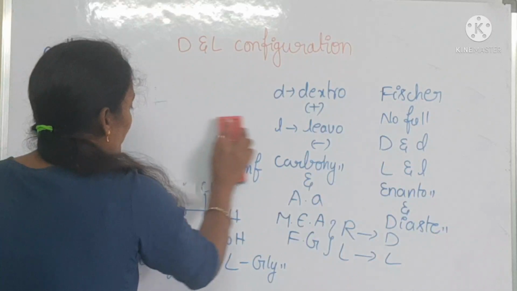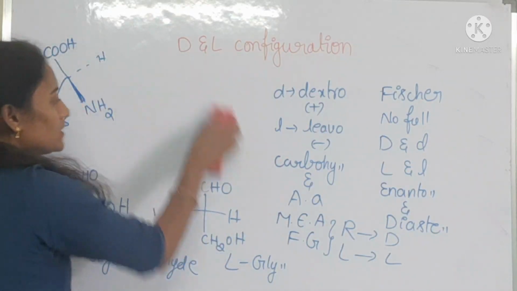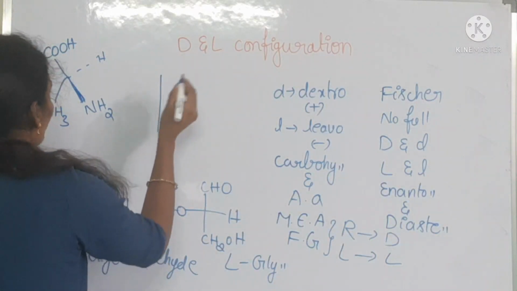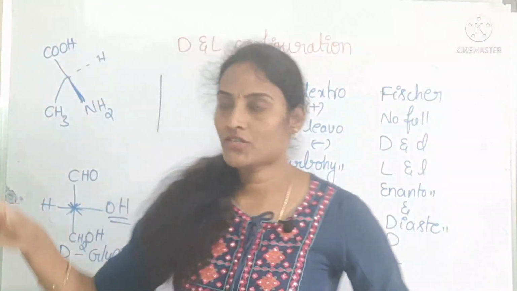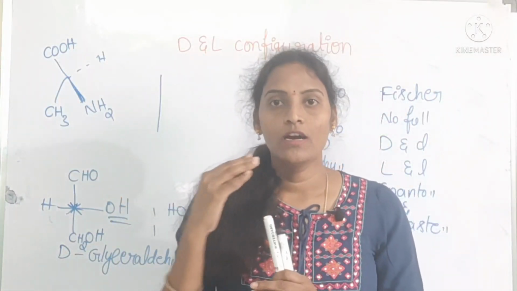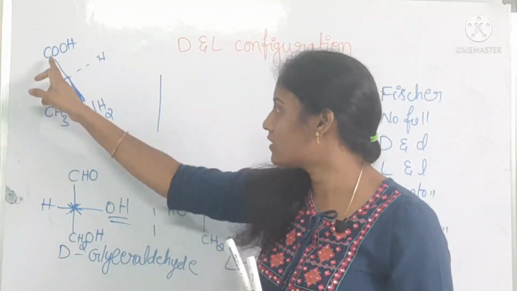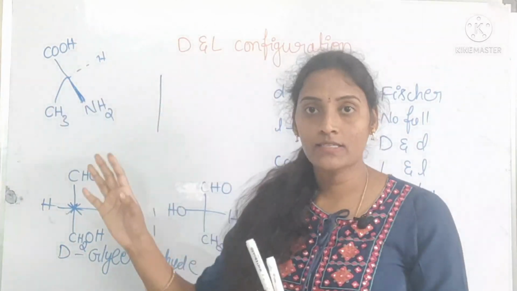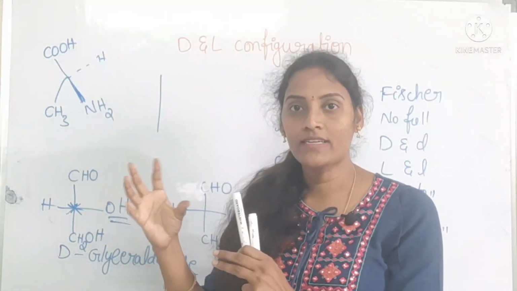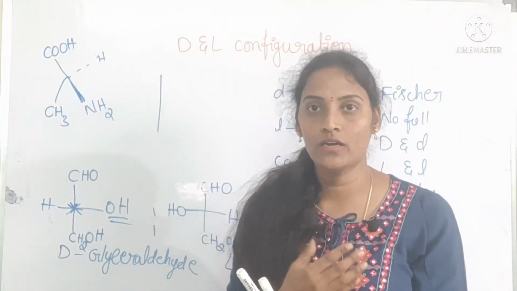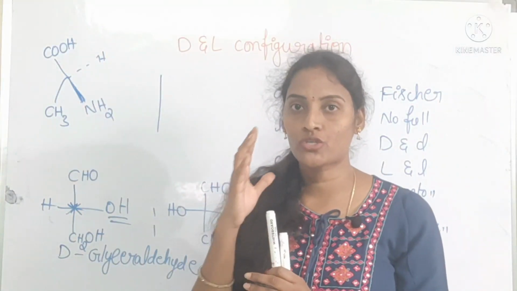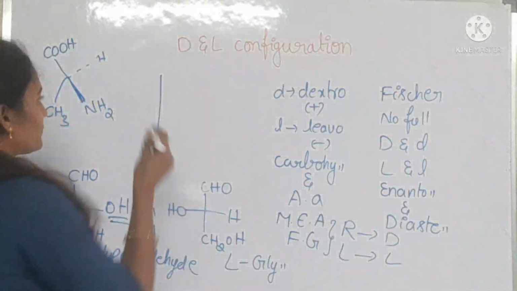First of all, you have to convert this structure into a Fischer structure. The groups attached to this chiral center that are at the back of the plane, normal lines indicate back of the plane, and the dashed line and thick wedge indicate the front of the plane. The groups present at the back of the plane, you should write on a vertical line.